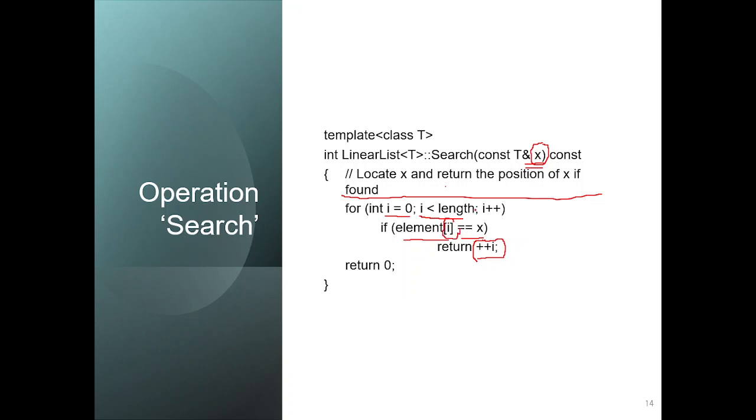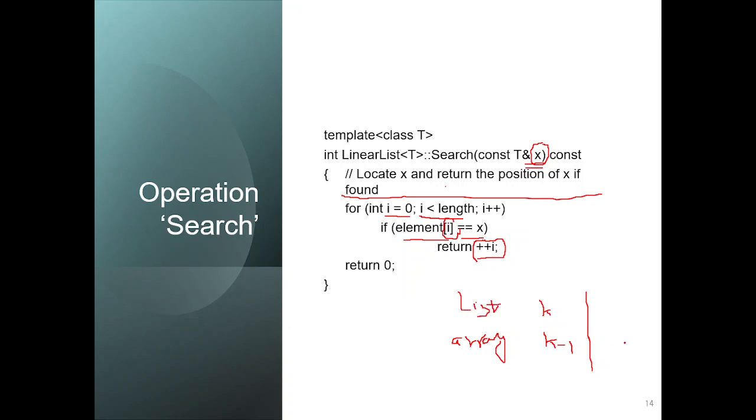If the kth element is in the list, it is at index k minus 1 in the array. So this is array and this is list.